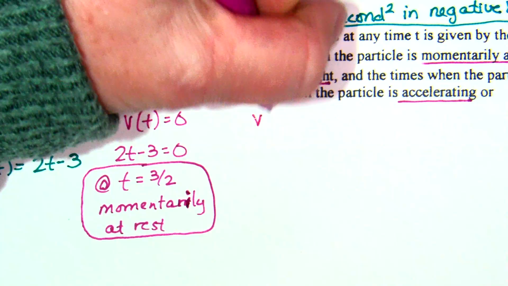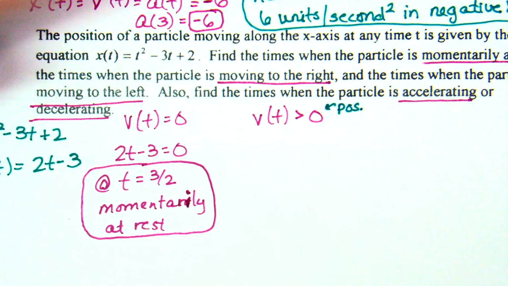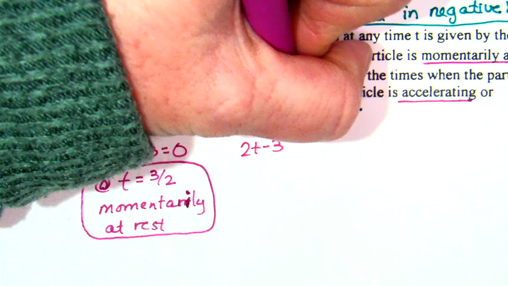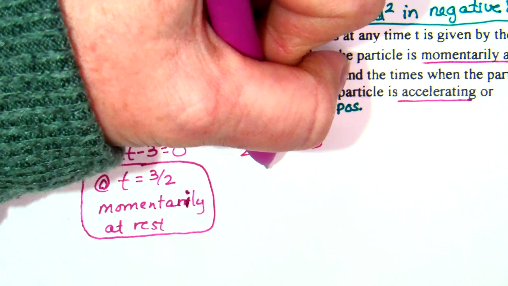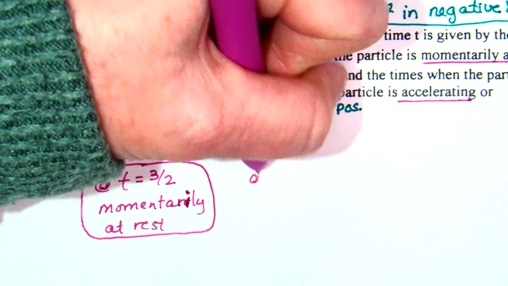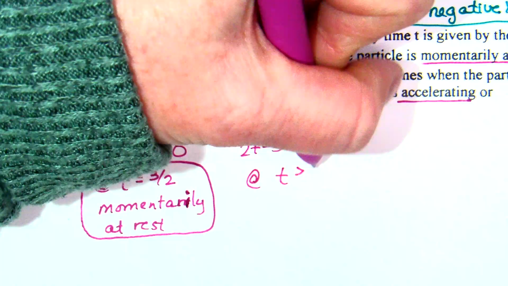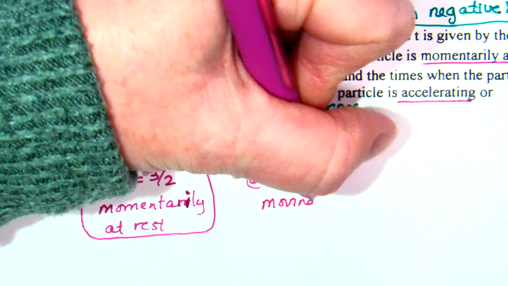Which means positive. So in this case, it's when 2t minus 3 is greater than 0. And you're going to solve that, and we're going to find when t is greater than 3 halves, we are moving right.